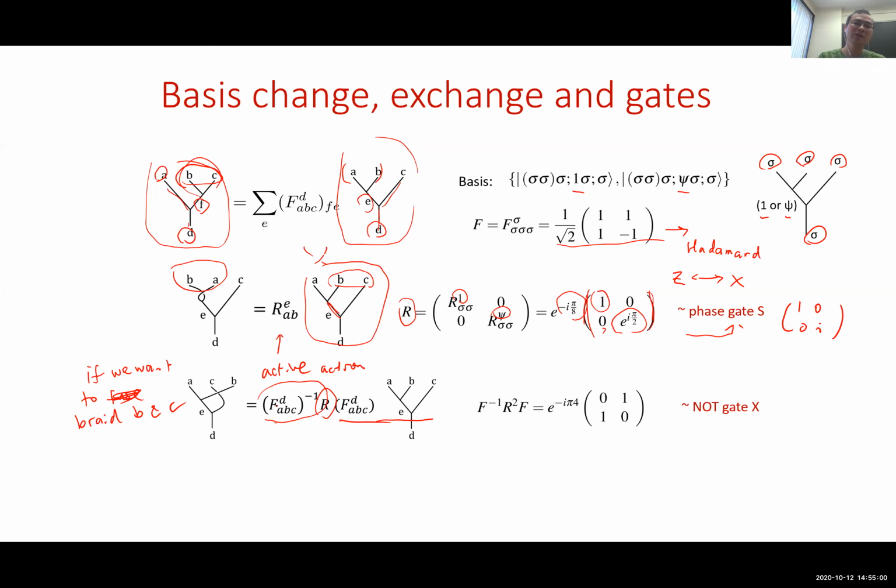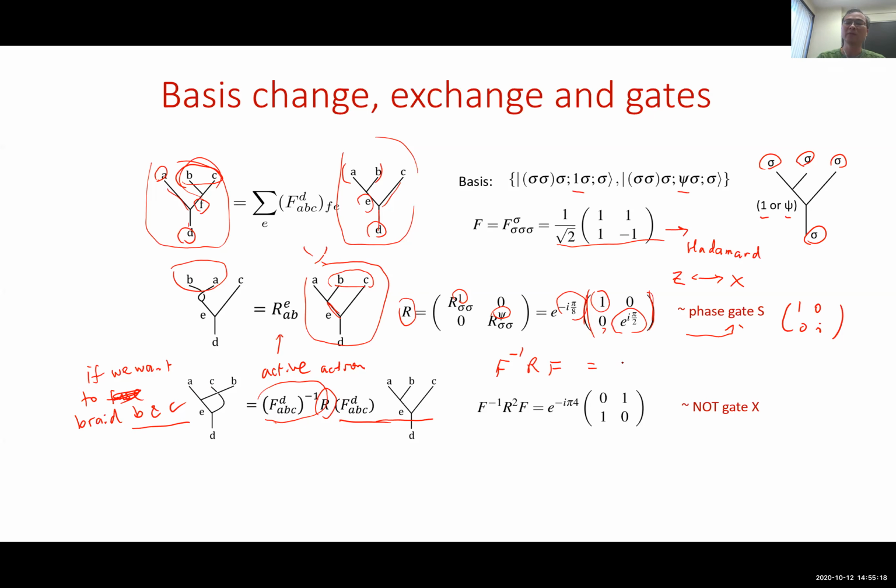Okay, so the upshot is that if you do the braiding of B and C, it gives rise to a matrix. I didn't write down the explicit matrix. Okay, that's the matrix.